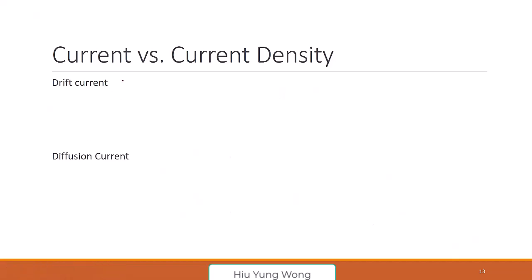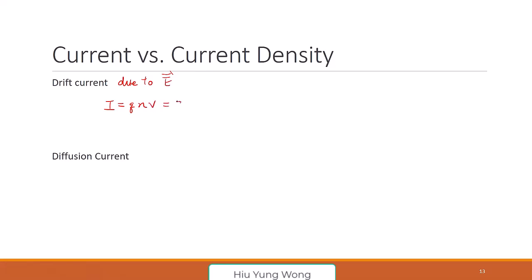Drift current is the current due to electric field. This one is easy to understand. You have an electric field, you drive it, right? So what is that? I equals Q times the density times the velocity.